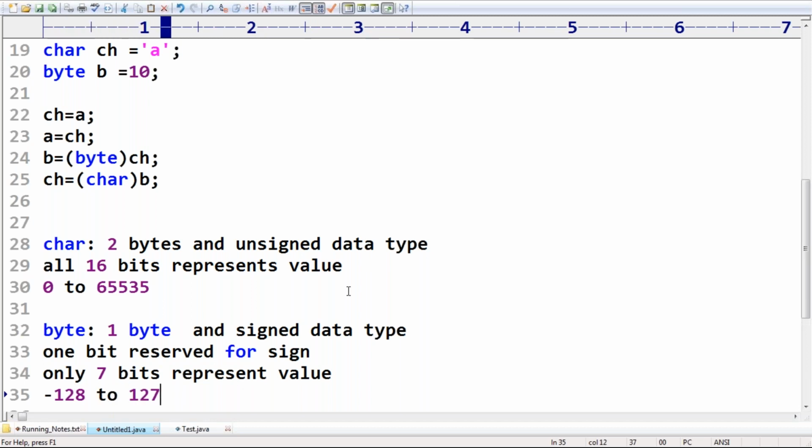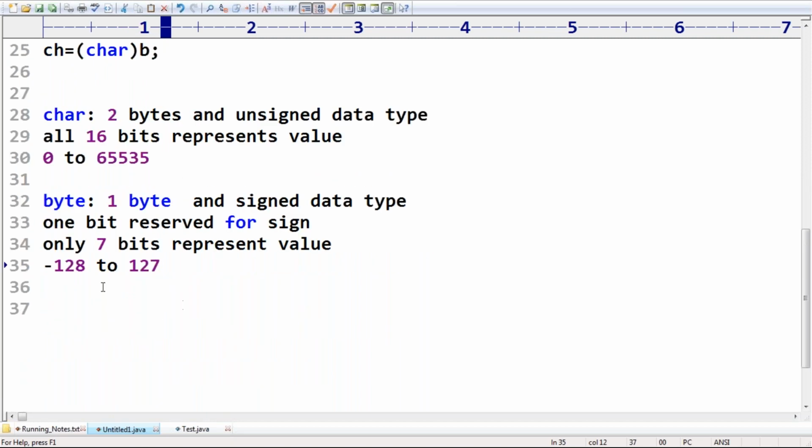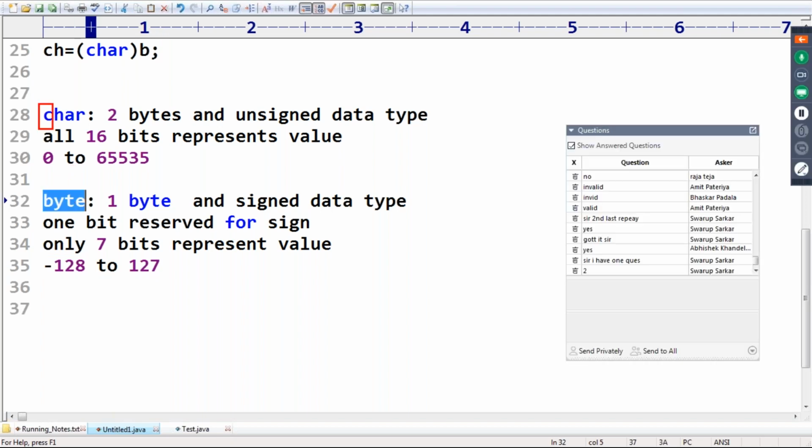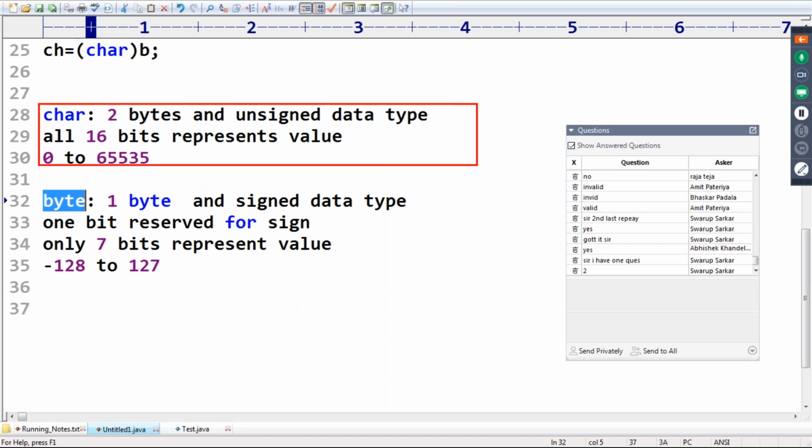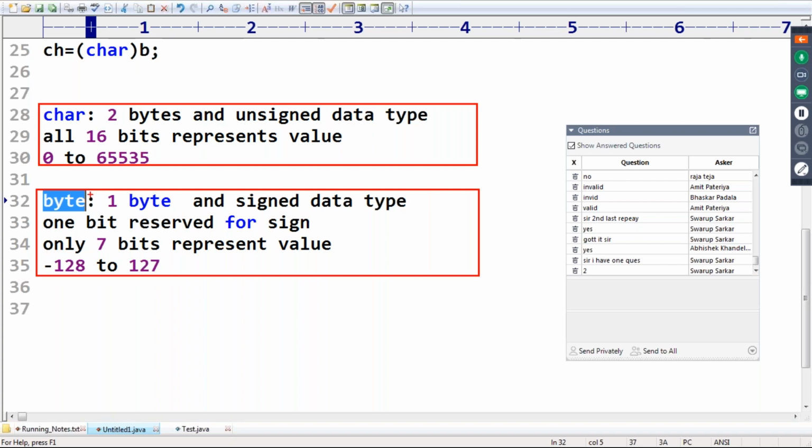Negative numbers can also be represented in byte. So between byte and char, implicit typecasting is not there. The reason is that byte can represent negative numbers, but char can't, and char values can't be represented in byte. That's why automatic conversion between char and byte is not there.